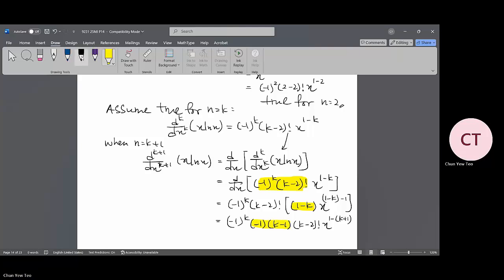Then the negative 1 powers join together, negative 1 power k plus 1. And these two combined together is actually k minus 1 factorial, x power 1 minus the bracket of k plus 1. True for n equal to k plus 1.